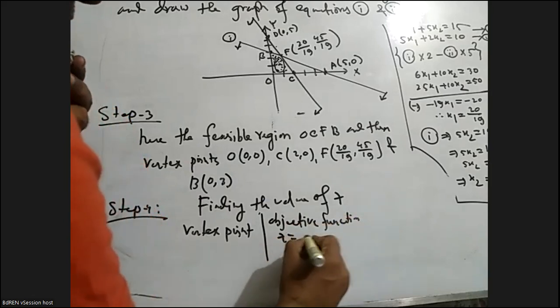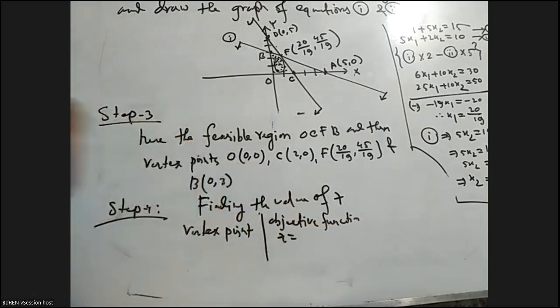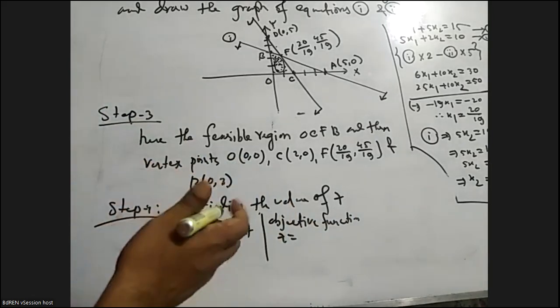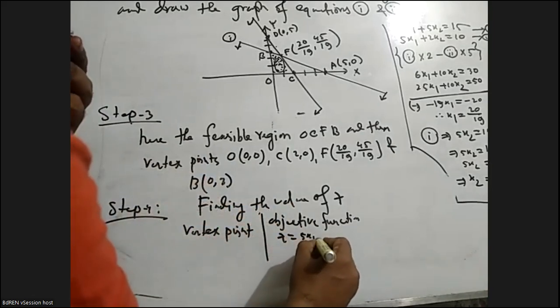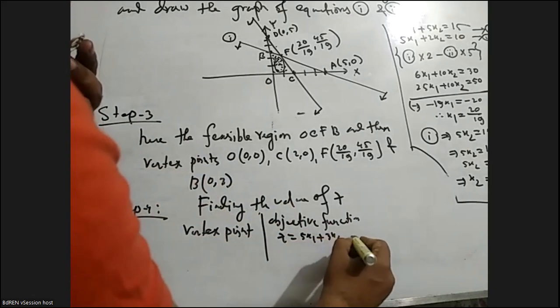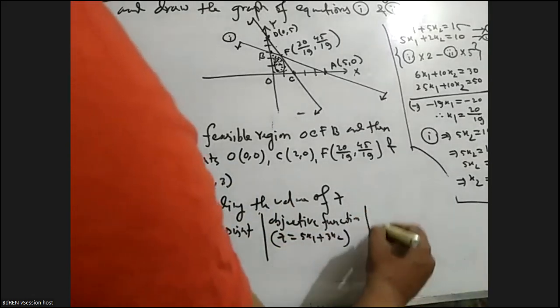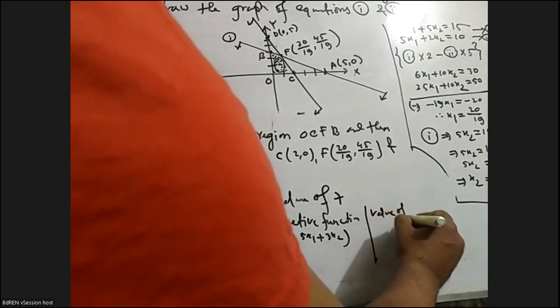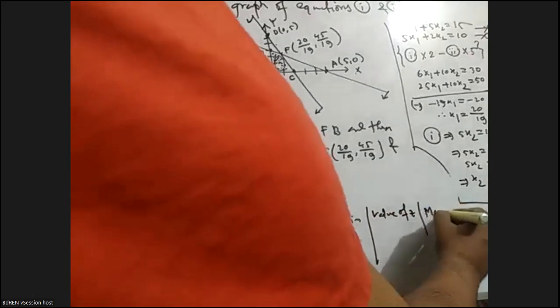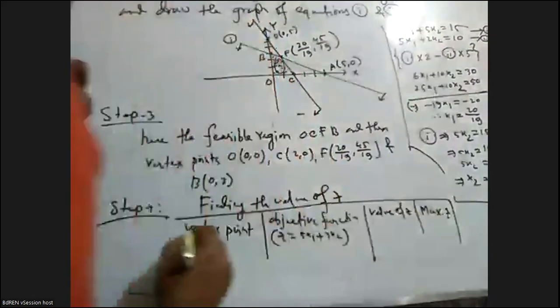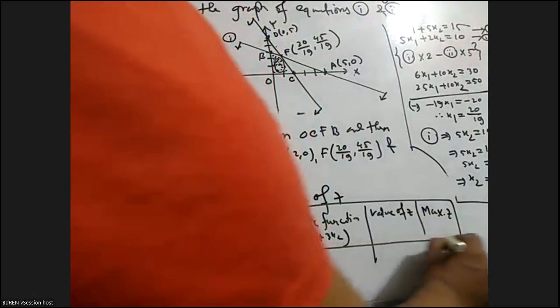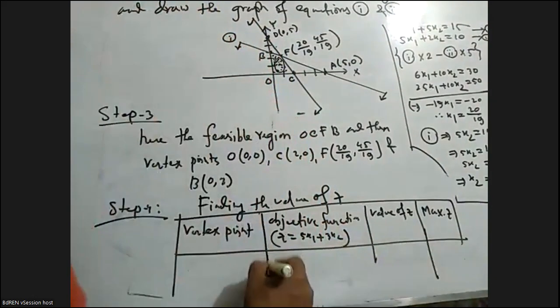Z equals 5x1 plus 3x2. And we find the max value of Z. So this is a table for us, a similar table for every problem.